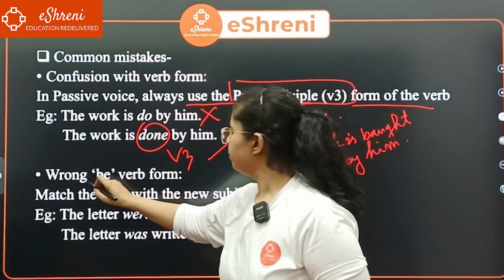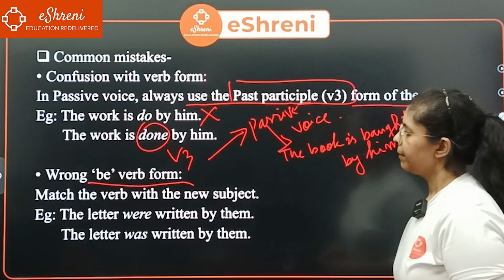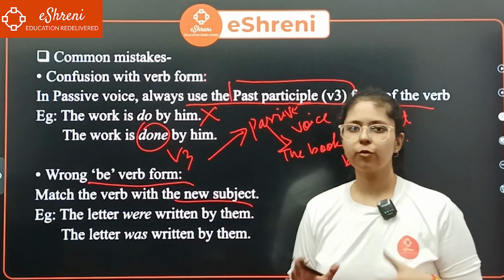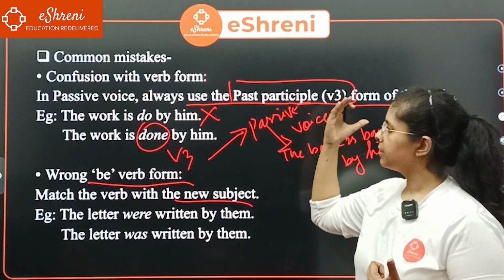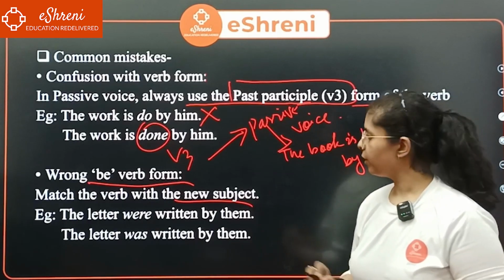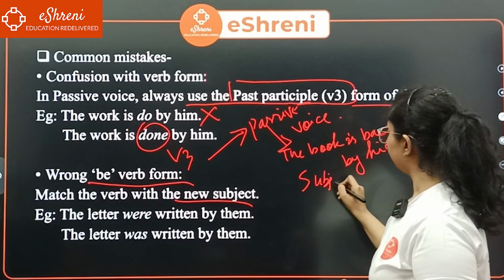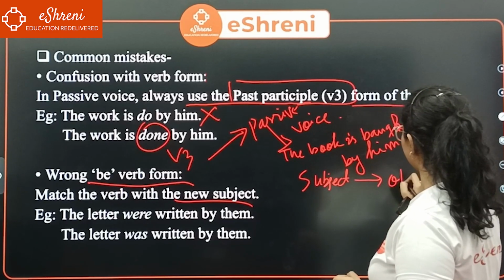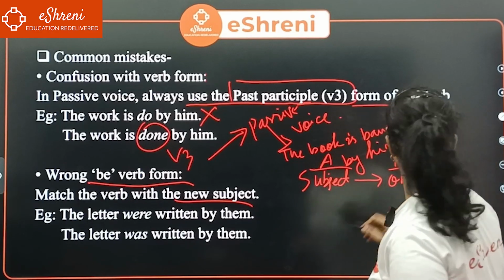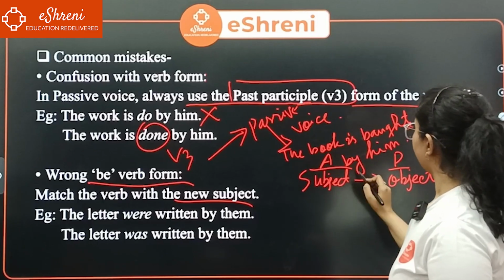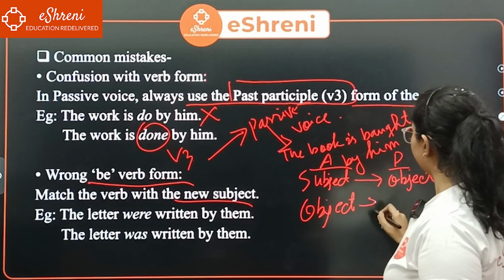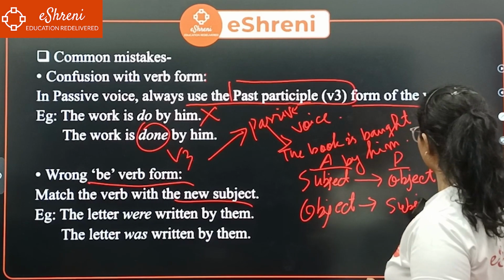Next, wrong be verb form: match the verb with the new subject. When you change the subject, you know that the subject of the active voice becomes the object of the passive voice, and the object of the active voice becomes the subject of the passive voice.